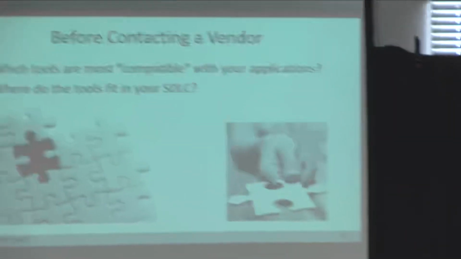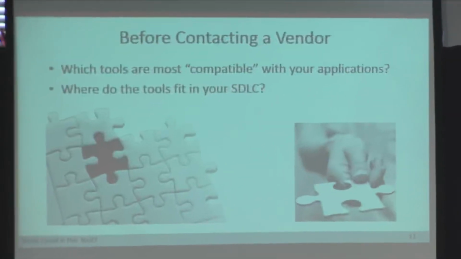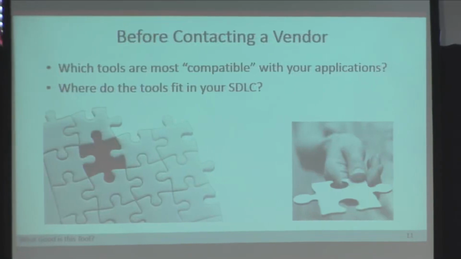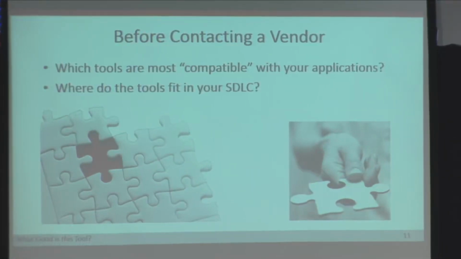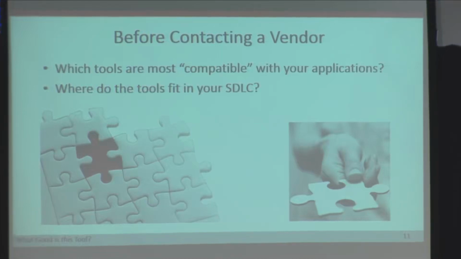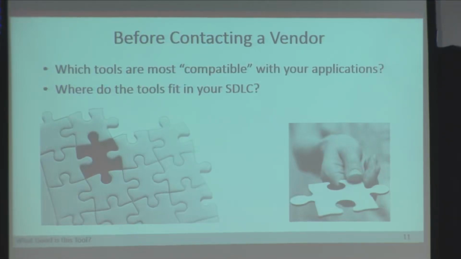But before contacting a vendor, right, consider which tools are most compatible with your applications. The reason I put this here is because I feel like a lot of the organizations we go to, they already have a tool in mind, right? And the tool is really based on the vendor. So the person who's making the decisions looks at their existing tool set, and they say, hey, we already have all of these applications from this big vendor, right?